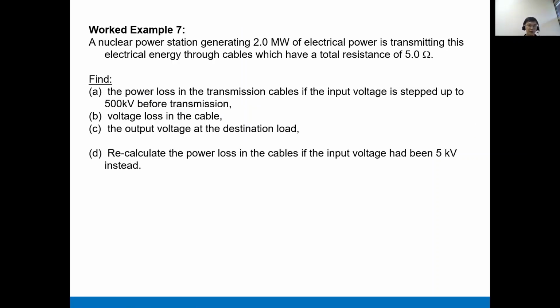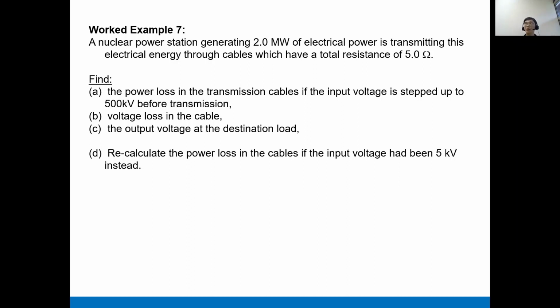Now let's look at example number 7 to have an idea why AC can help you save money. You have a nuclear power station that can generate 2 megawatts of electricity, and the electricity is sent through power cables which have a resistance of 5 ohms.